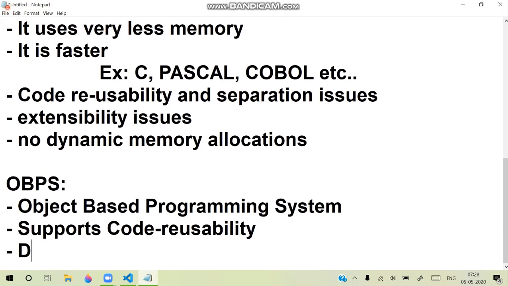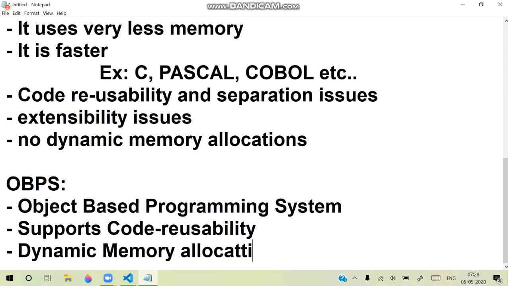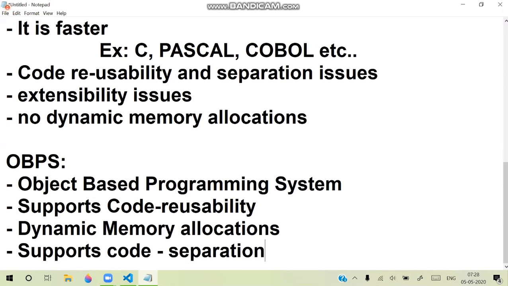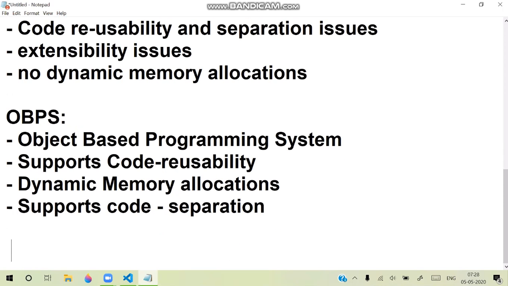It supports dynamic memory allocations. So it supports code separation. So these are the advantages of OBPS, object-based programming system.